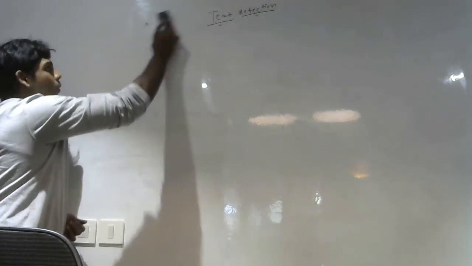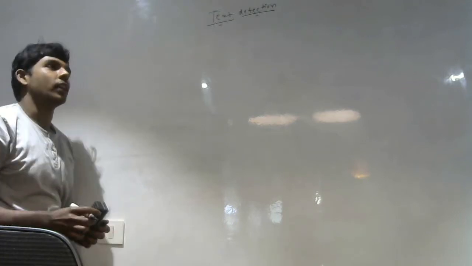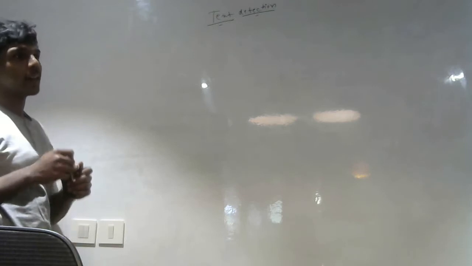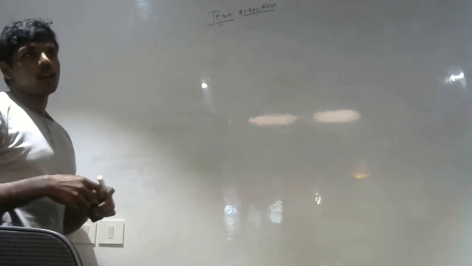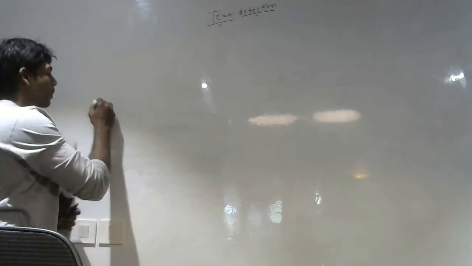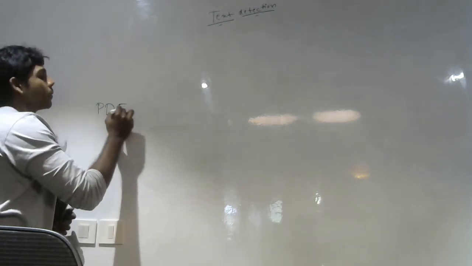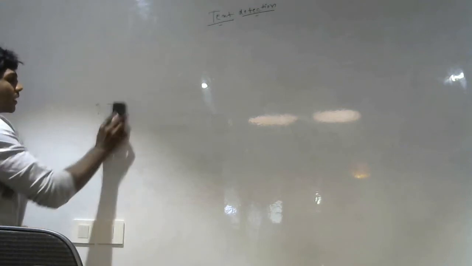But even scanning can be taken as a natural scene, because the ID card may not be of optimal quality. PDFs are a good example of documents, like the archive papers.